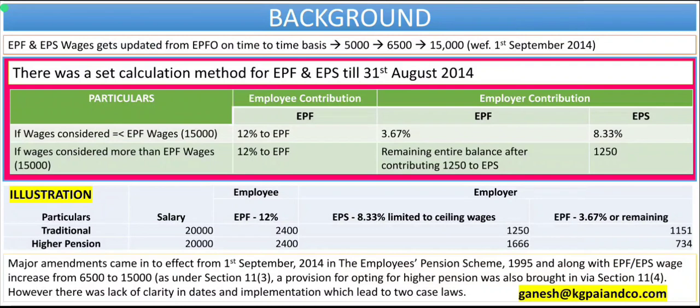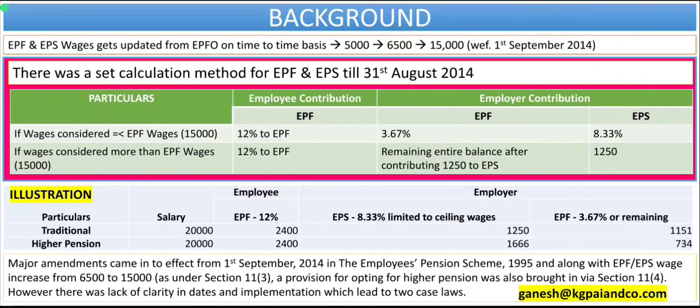Here, the traditional method of calculating PF was very easy and known to all the people. 12% of the employee contribution would directly go and sit in the PF account, that is the Employee Provident Fund account, and from the employer contribution, 3.67% was sitting in the EPF account, making a total of 15.67% in the PF account, with employee's 12% and employer's 3.67%.